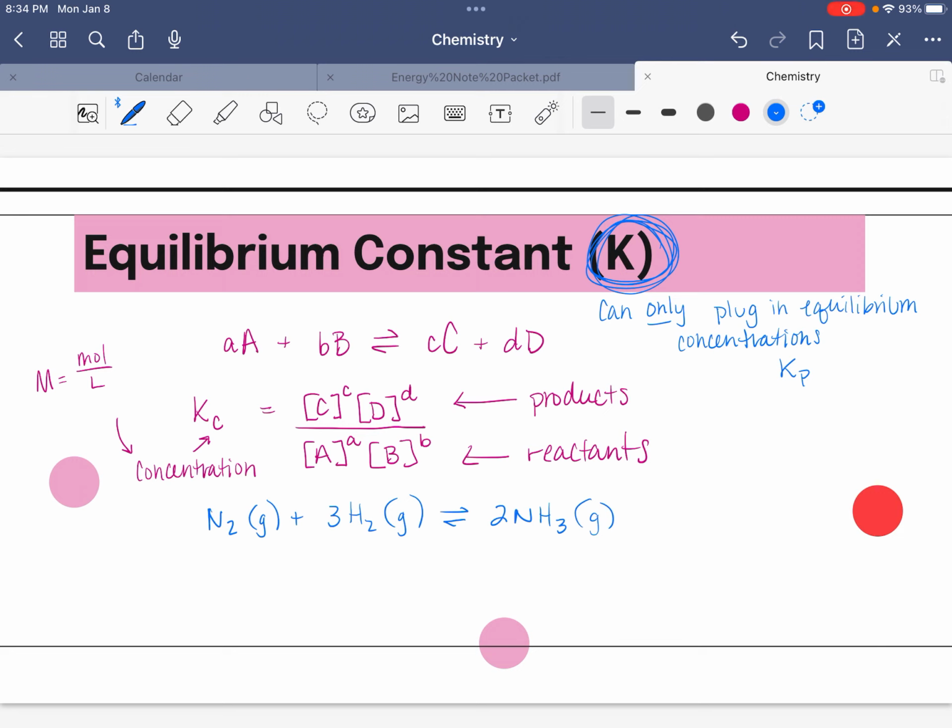So if we were finding the equilibrium constant equation for this, our Kc would be equal to products over reactants. We're going to have our product, the concentration of NH3, raised to the second power because of its coefficient from the balanced equation, and then over my reactants, N2 raised to the first power because it has a coefficient of 1, and then H2 raised to the third power.